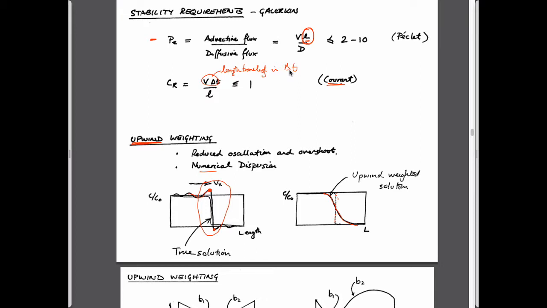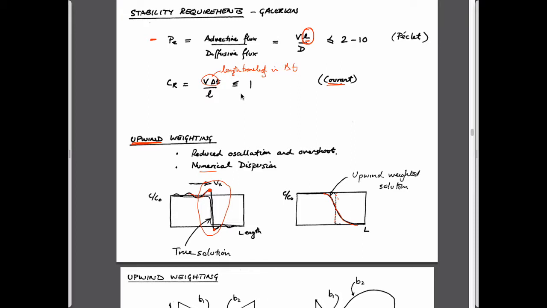So the physical interpretation of the Courant number is a time step that's small enough to make sure that the front is captured inside the window of your element as it passes through. Nothing more than that. And so a Courant number of 1: if the Courant number is larger than 1, it means the front will have passed from upstream to downstream without residing in the element.